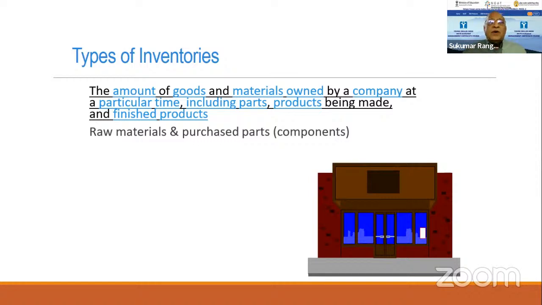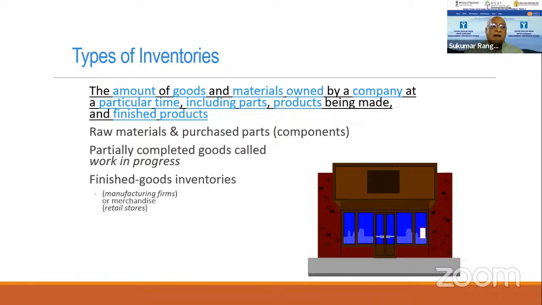So you have the raw materials, you have the purchased parts or components, and during the various stages of manufacturing, at any given point of time, there are partially completed goods, which are called work in progress. It is also called work in process, or WIP in short.